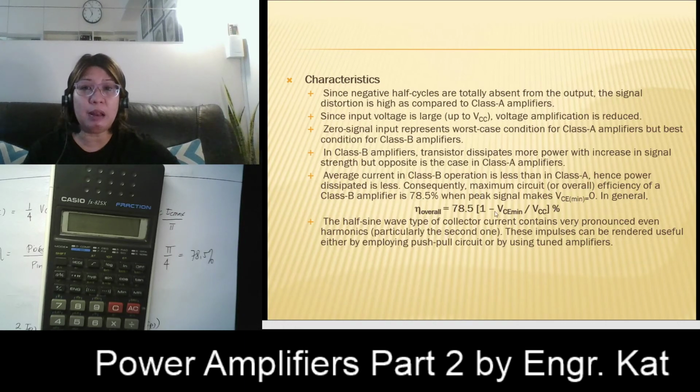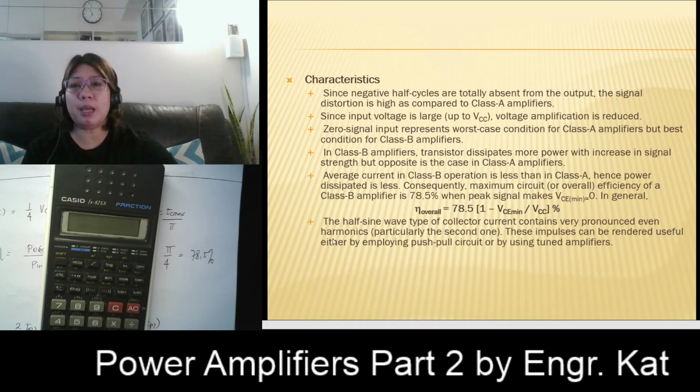So in general, the overall maximum efficiency is 78.5%. This is much higher compared with a Class A amplifier, because for Class A, the maximum theoretical efficiency is just 50% if we are using transformer coupled, and just 25% when we are using direct coupled.